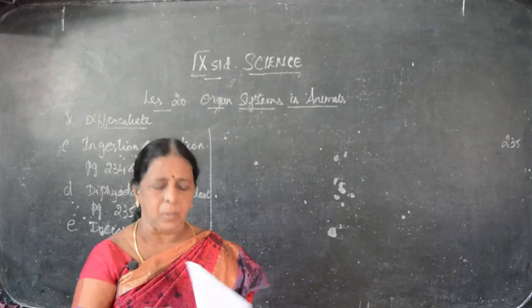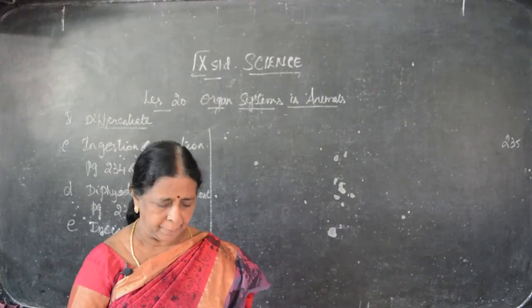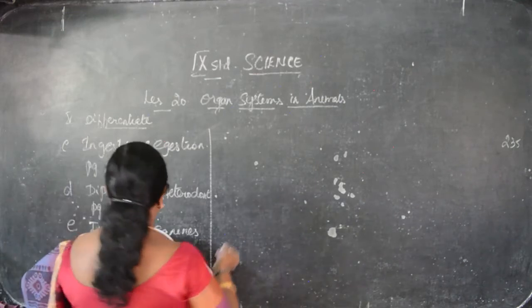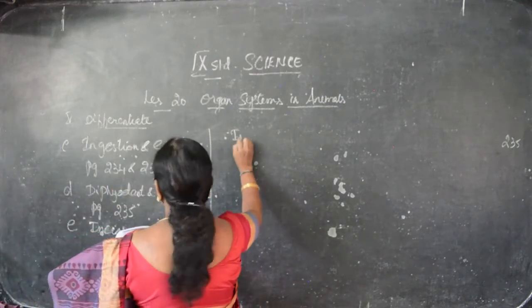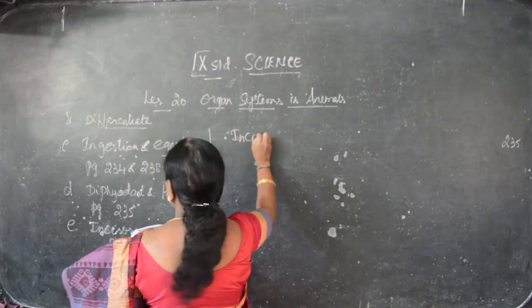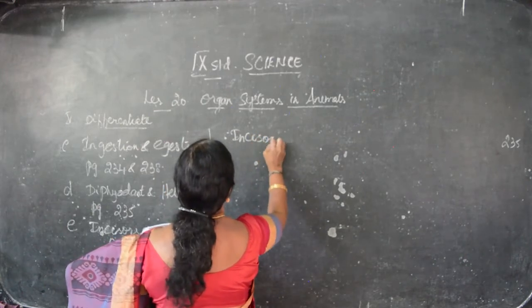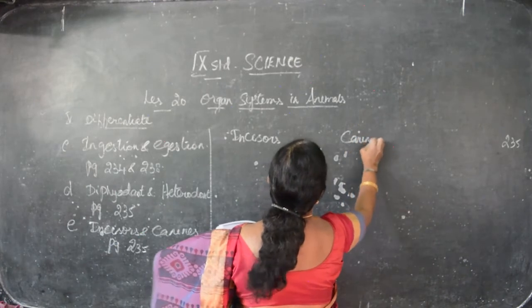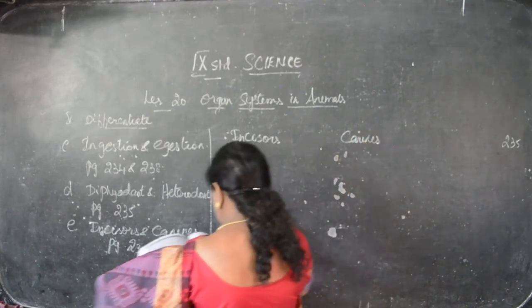Here in the tabular column, you just write like this under the heading incisors. The tabular column is given.